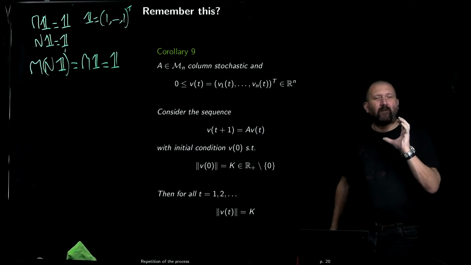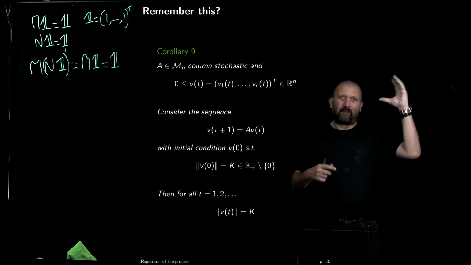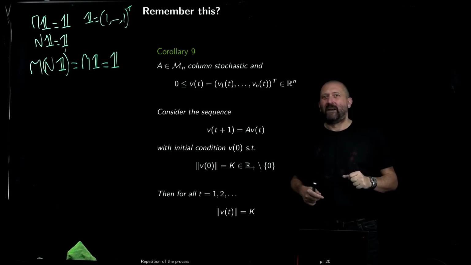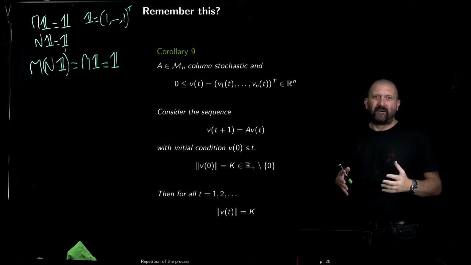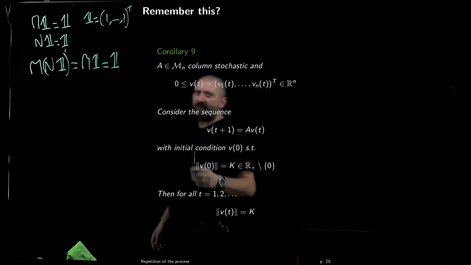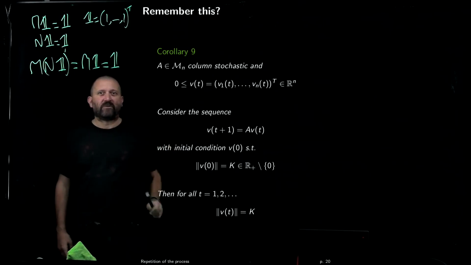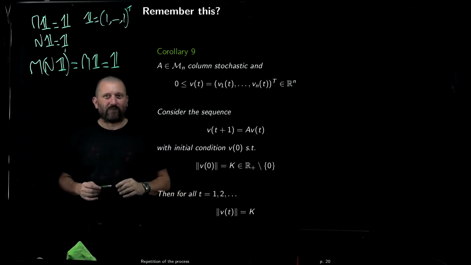The fact that the matrix is stochastic is even stronger than I'm using a vector that's a probability vector. It works with anything. A stochastic matrix is going to preserve the norm. I won't show it, but it's quite easy to show. Once again, you'll end up using this vector of ones. I'll let you work out how to do this.